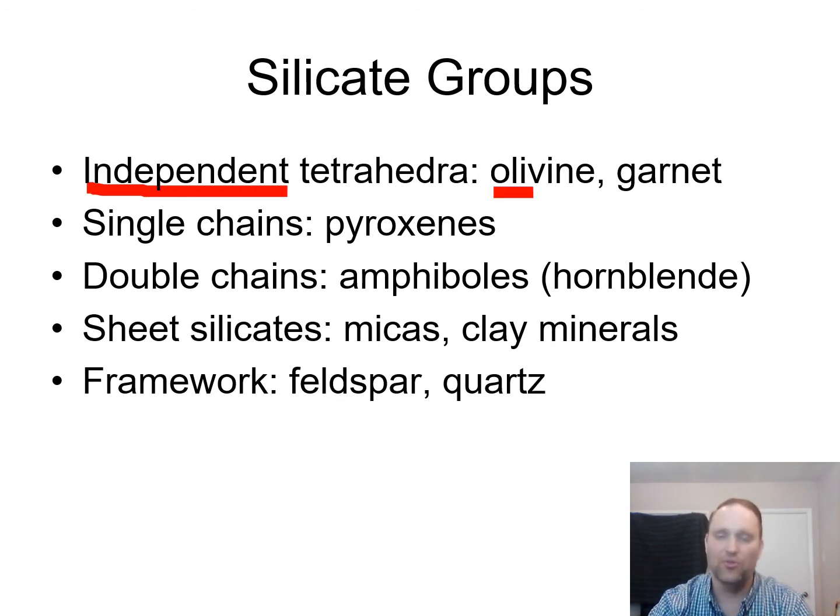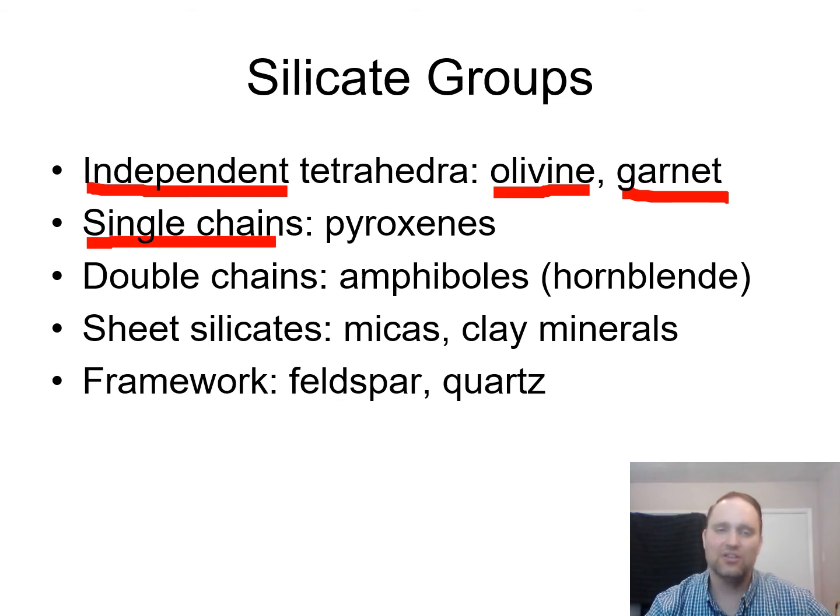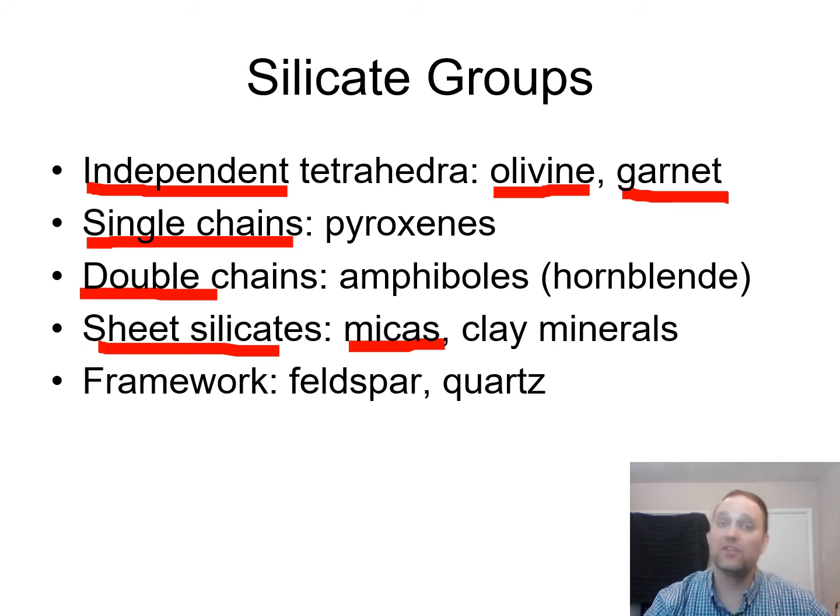Olivines, the real important one there, though we should also make note of garnets. Then we can start to form chains of tetrahedra, double chains, sheet silicates, which are the micas, and then more complex 3-dimensional frameworks. But basically, you start to get these more and more complex arrangements of how they are interlinked with each other. So let's take a look at a few examples.